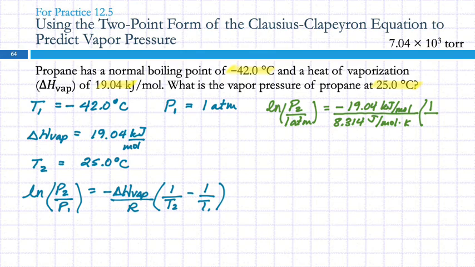So 273 plus negative 42, this is 231 Kelvin. And 25 is going to be, well, actually, since there's a decimal point there, we should use the 0.15. This will be 298.15. Not Celsius, it's Kelvin. That's the whole point of it.